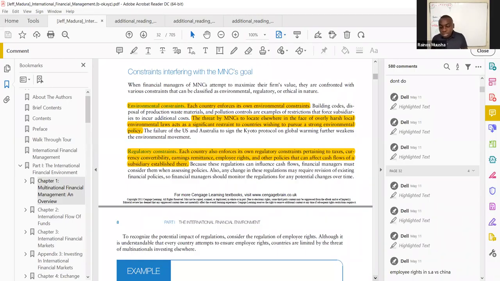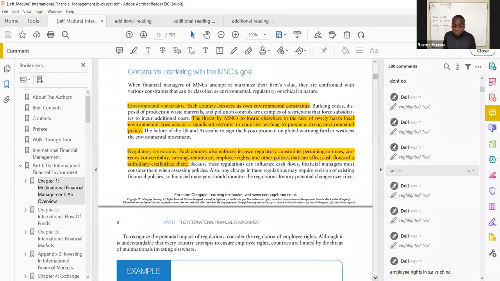But we now know that over time, the governments in Africa are starting to impose environmental constraints. For example, when you look at mining, when a company says that they want to set up mining operations, they are asked to set up a reserve to ensure that there is enough money to rehabilitate the environment after they are done with their operations as well.